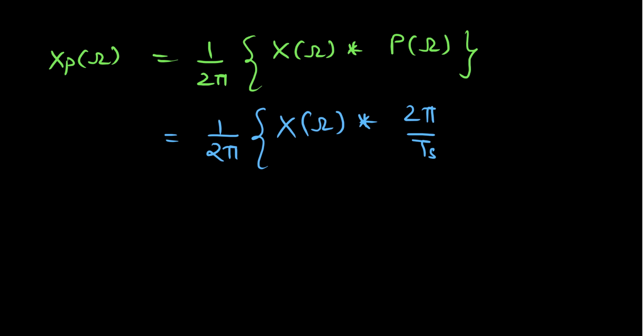So it is summation k running from minus infinity to infinity delta of omega minus k times omega s. So now again this factor will get cancelled here, and this 1 by Ts is constant.